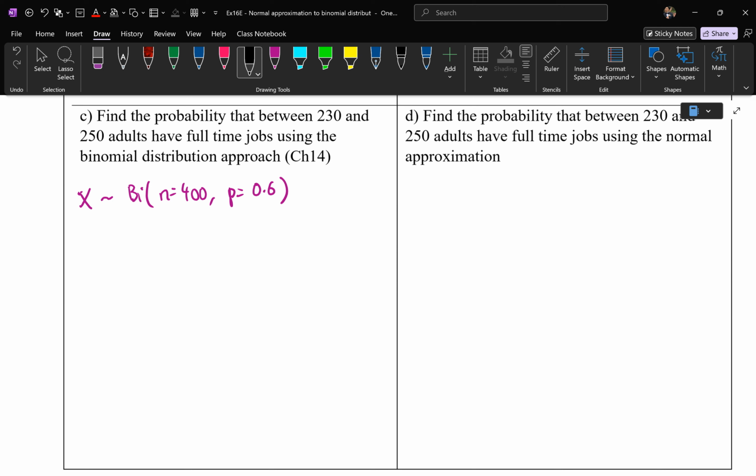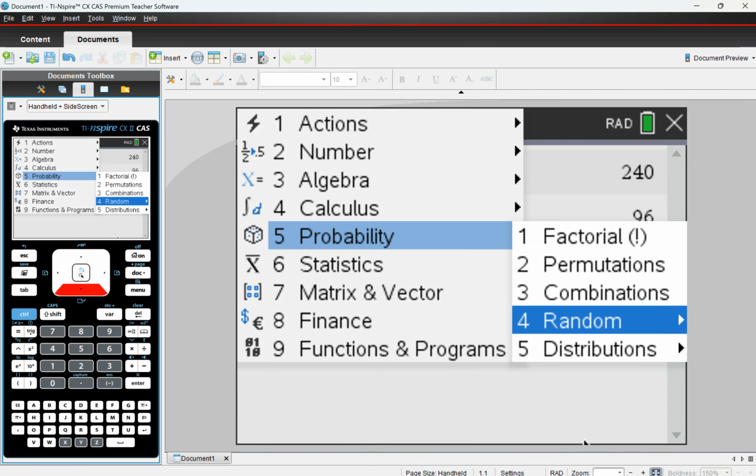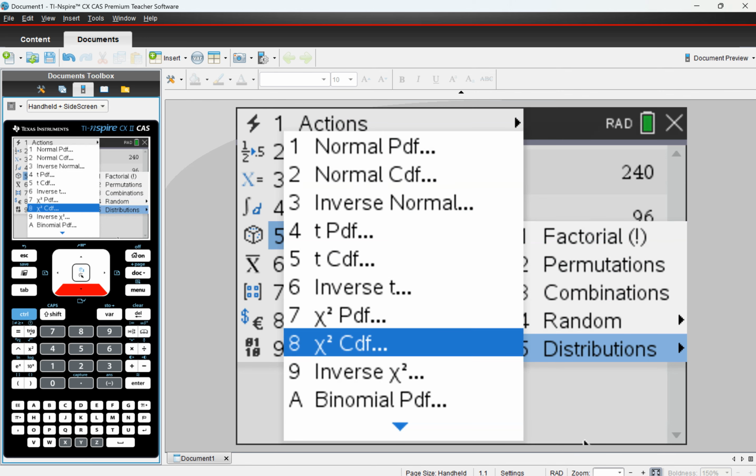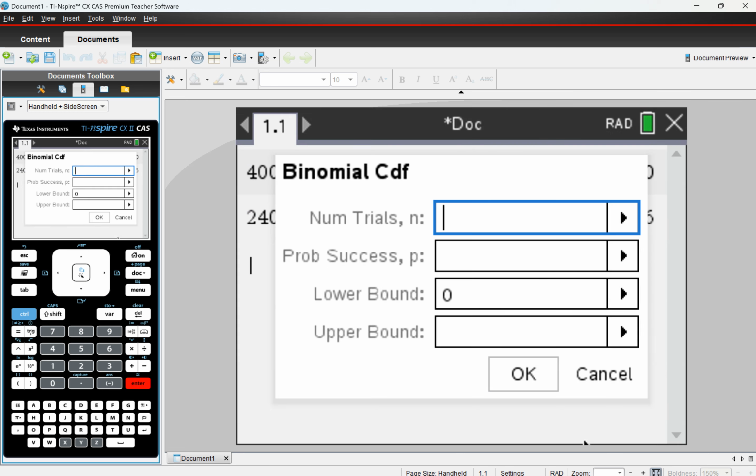All right, how do we calculate it? We're finding the probability of X, our random variable, from 230 to 250. This is a binomCDF on your calculator. We know N, we know P, and we know our lower bound and upper bound. Let's go to our CAS menu, probability, distribution, and binom, not PDF but CDF, because we're accumulating between 230 and 250.